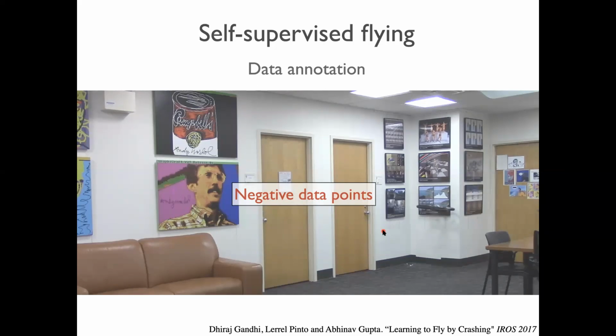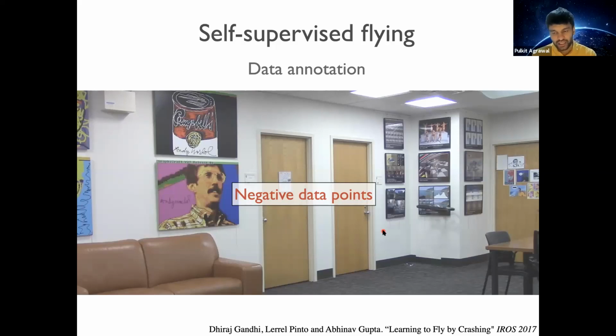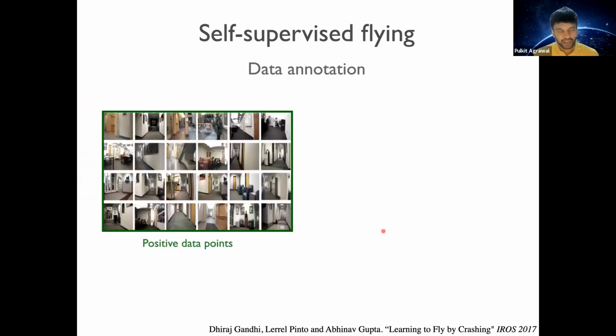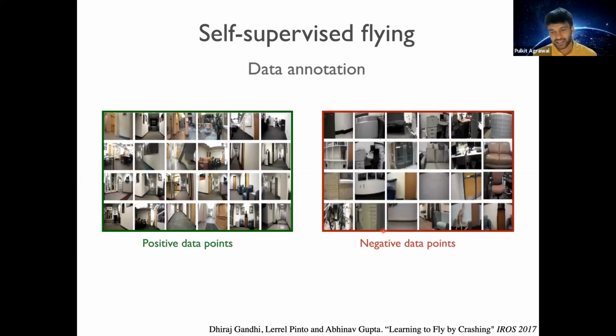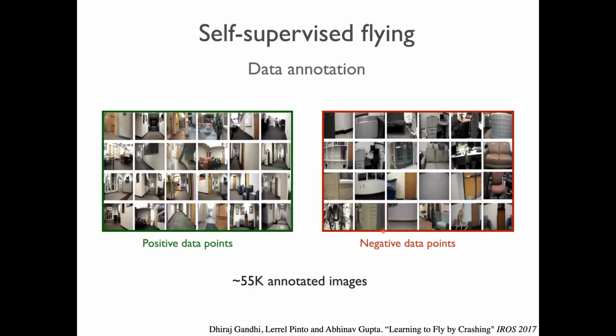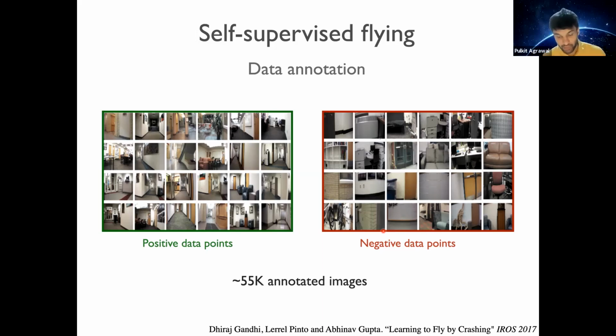And we are going to use this data to learn a policy which allows my drone to fly around in indoor environments. Okay? So essentially, by doing this data annotation, we have positive data points and negative data points. And overall, they collected 55,000 images of positive and negative data points.